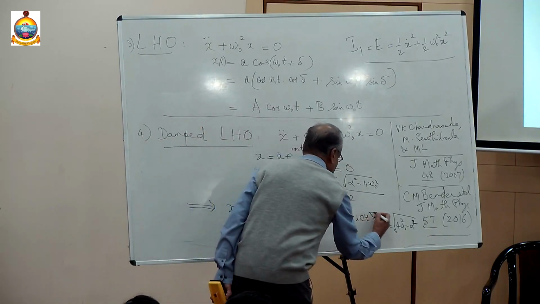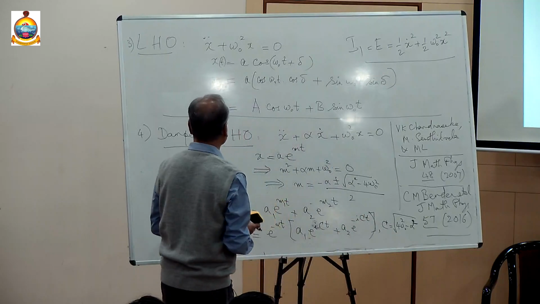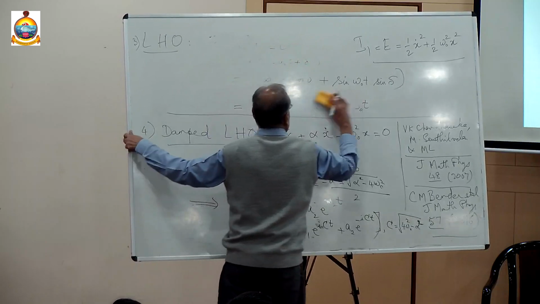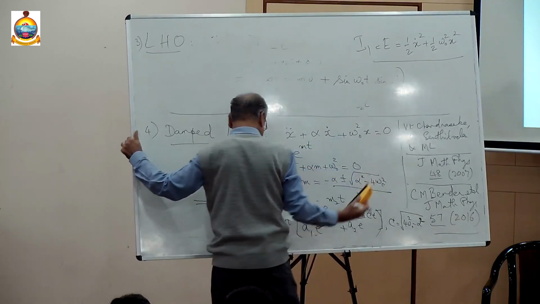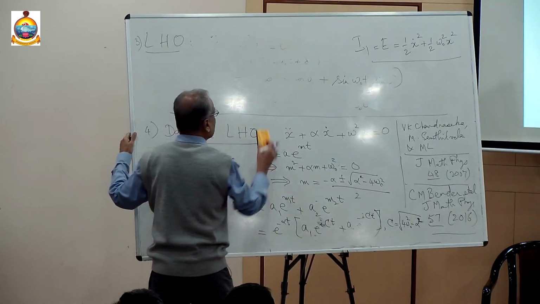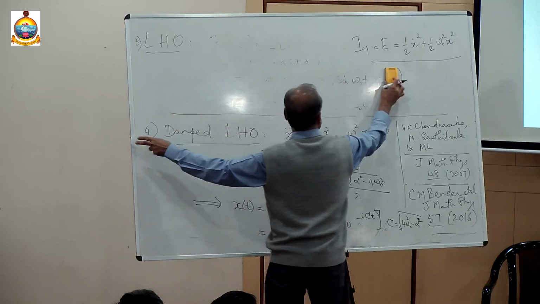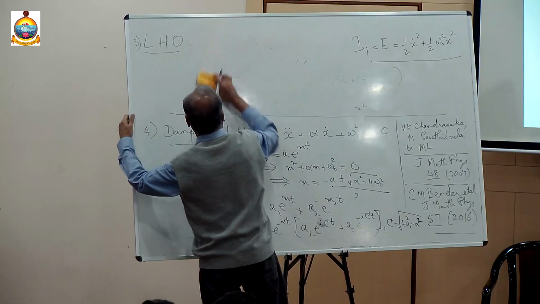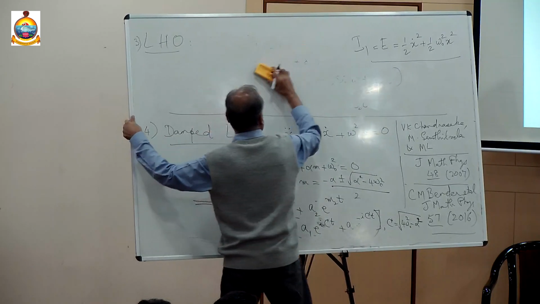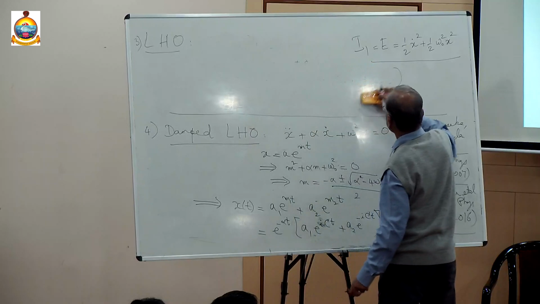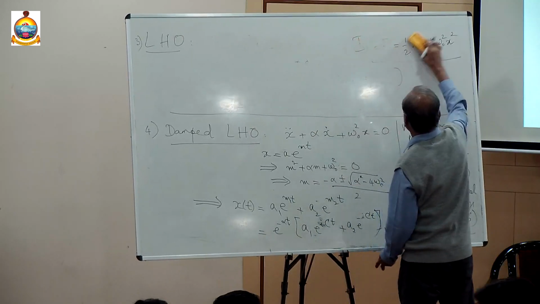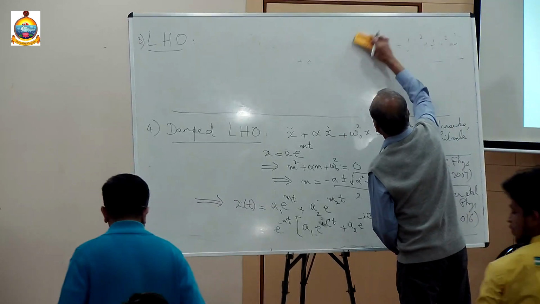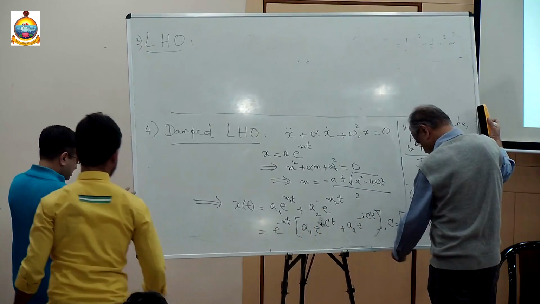Okay, so that you can rewrite in what form? Since you have exponentials, you can combine suitably, and you can rewrite the solution as cos omega naught t and sin omega naught t, pre-multiplied by a damping term.